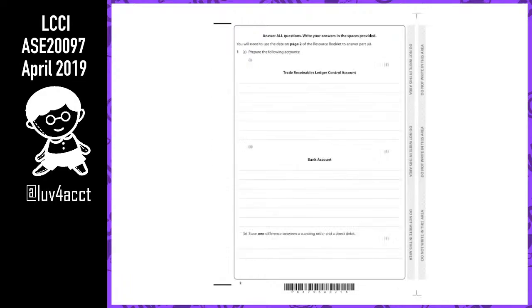So I would say this is control account and accounting concepts. Okay, so let's see what is given to us. 5 marks, 6 marks for the trade receivables ledger control and also the bank account.